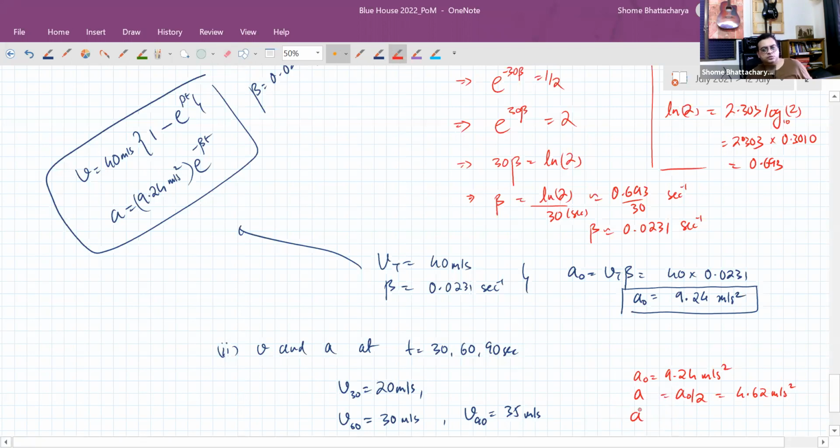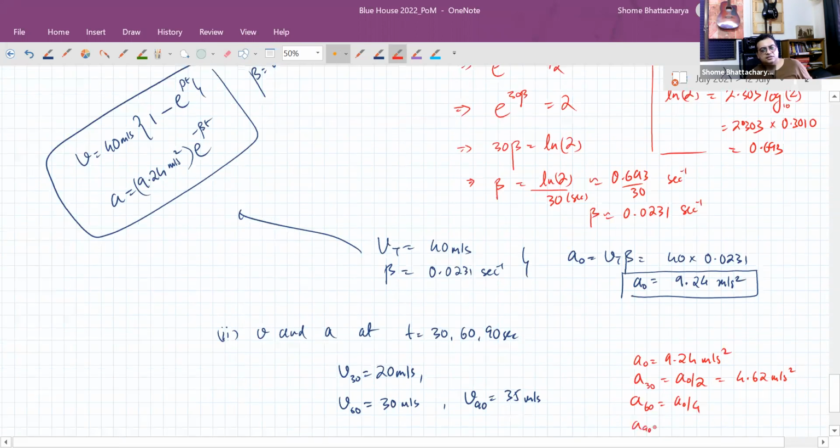The acceleration at 60 seconds will come out to be A naught by 4, and the acceleration at 90 seconds will come out to be A naught by 8. These will form a geometric progression, and I'll explain to you later why that's happening. When you do the calculation, you'll understand yourself why they're following a geometric progression.